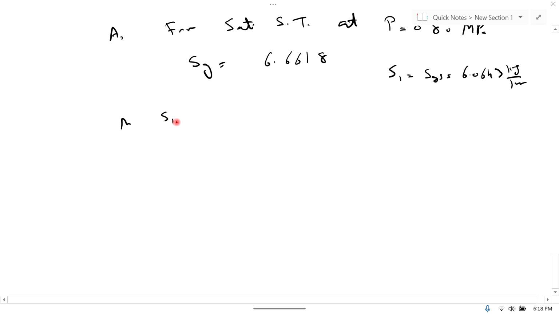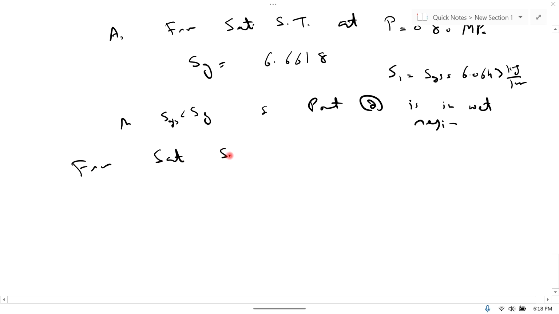As S2S is less than Sg, the point is in the wet region. So we will use the saturated steam table. From the saturated steam table at pressure equal to 0.8 megapascal.